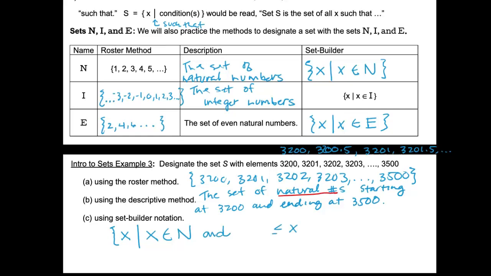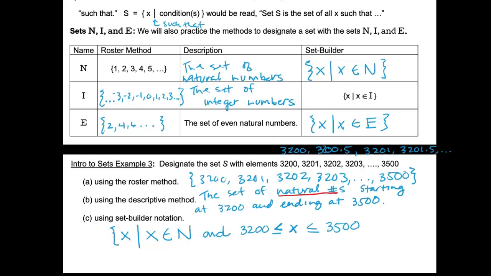So the way that I write that is I use greater than and less than symbols. So I can write it like this, and this means X is greater than or equal to, because we always read where we're talking from. So if I'm talking about X, the greater than part is facing the X. So X is greater than or equal to 3200 and less than or equal to 3500.